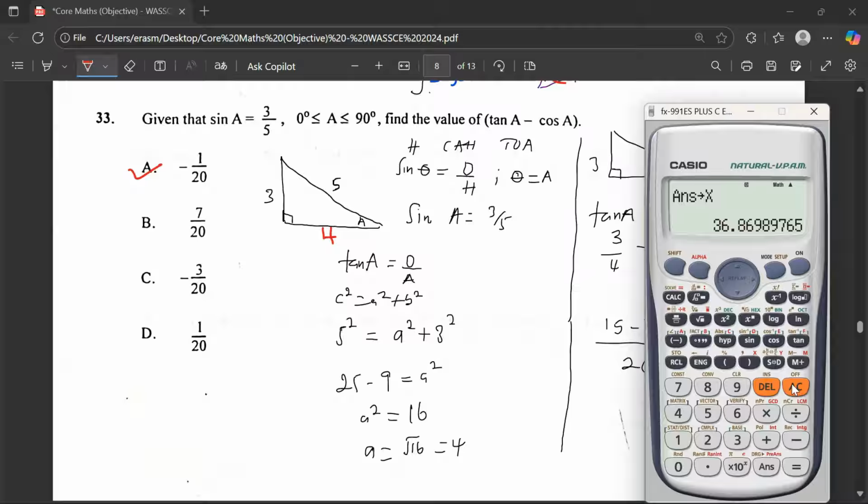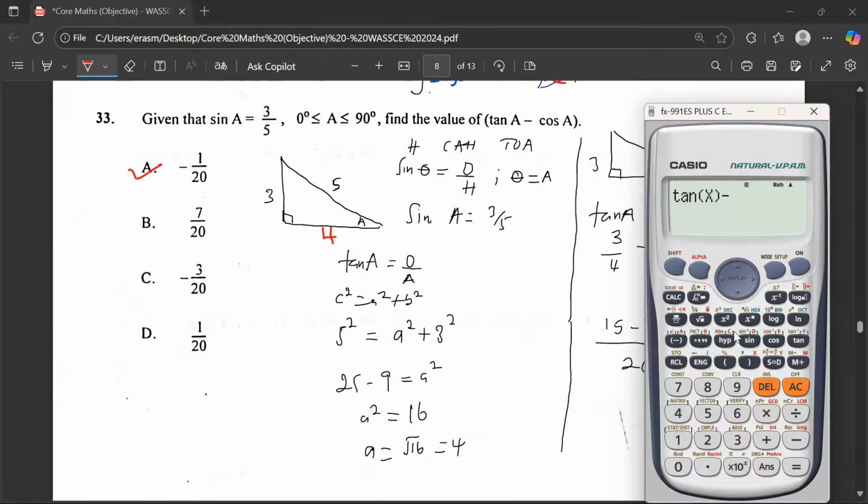Now, we are to find tan A minus cos A, right? So it's going to be tan of alpha x, since we have stored S as A, right? So S is having the value of A, right?